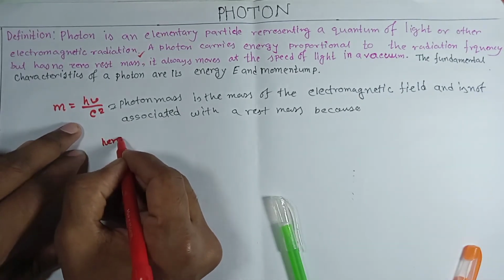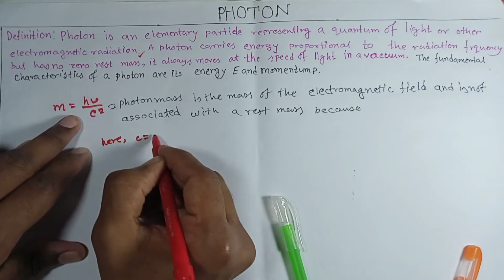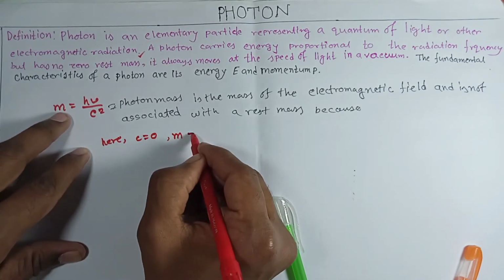Here we see when c is equal to 0, m equals also 0.